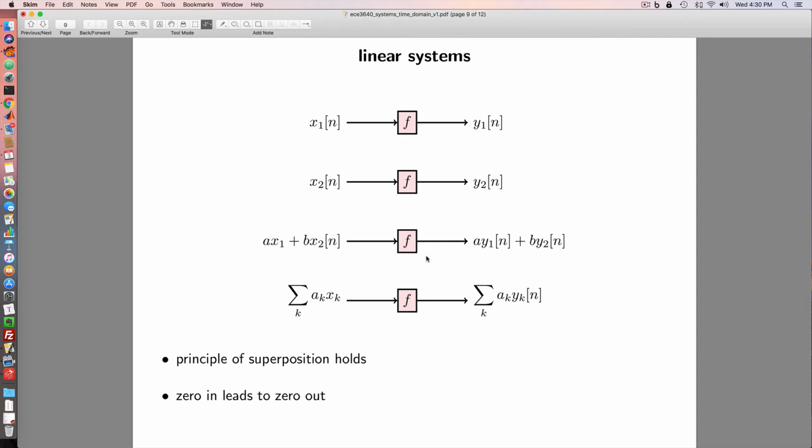If the system obeys this kind of property, then the system would be said to be linear.